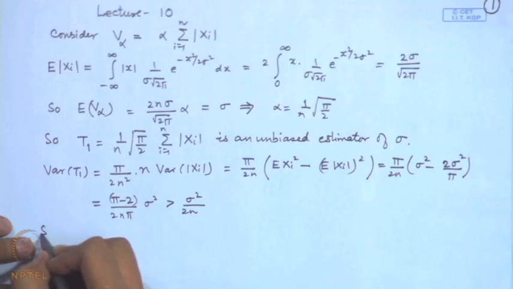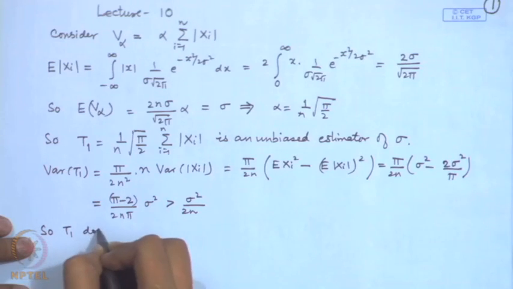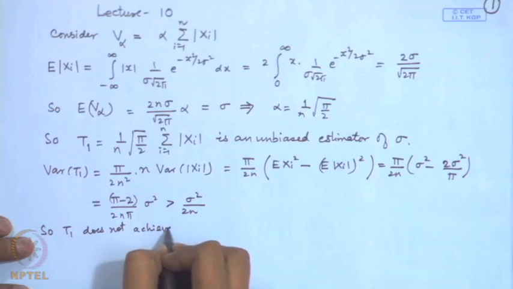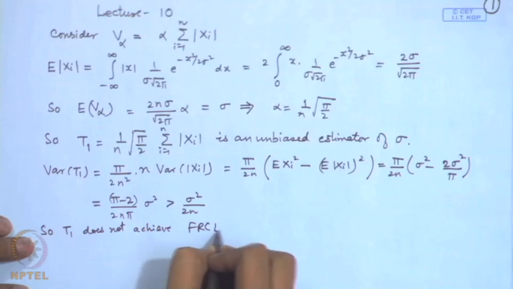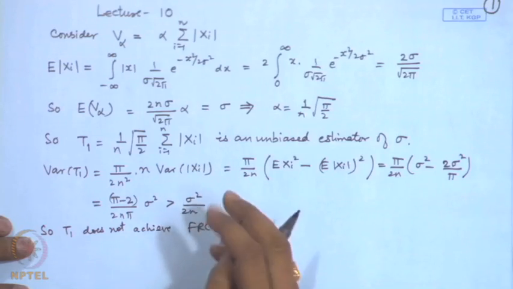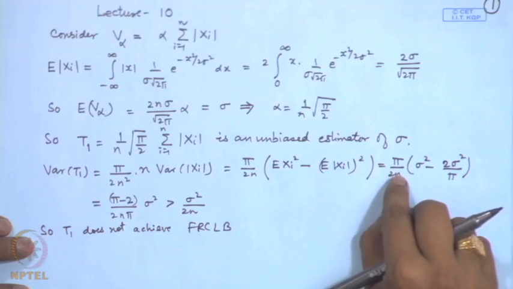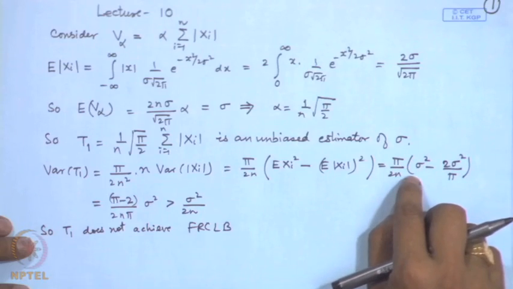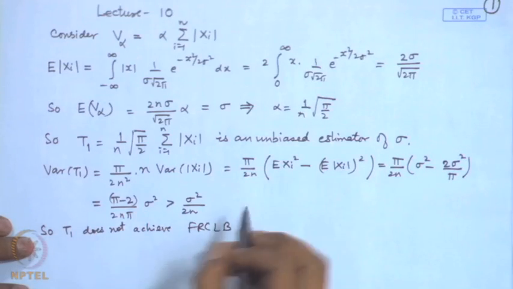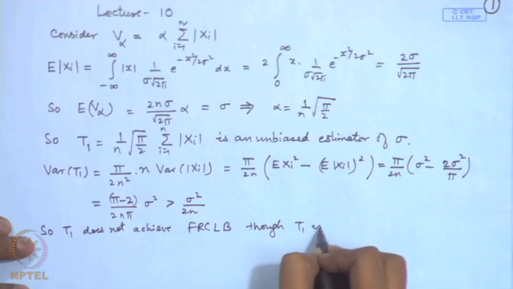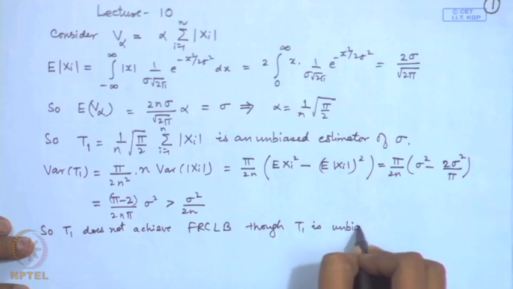So, we can say that T 1 does not achieve the CRLB. And if you look at the estimator here, the variance is a certain term divided by n. So, as n tends to infinity, this goes to 0 and it is unbiased. So, T 1 is unbiased as well as consistent.